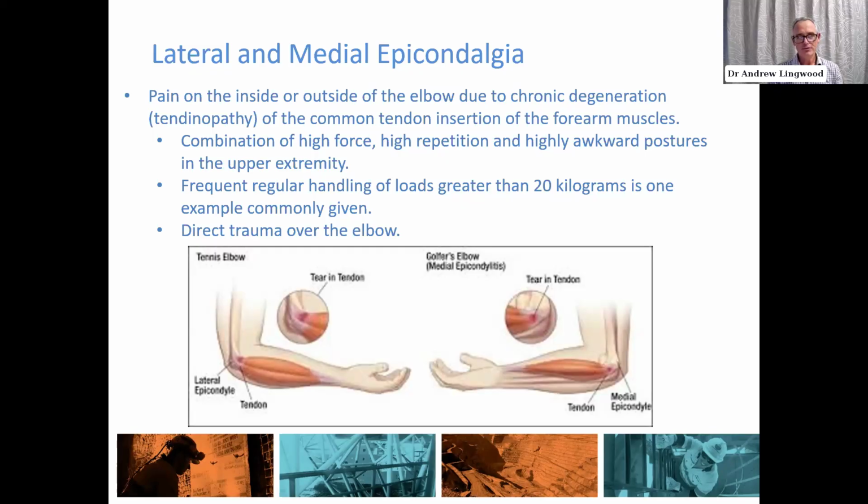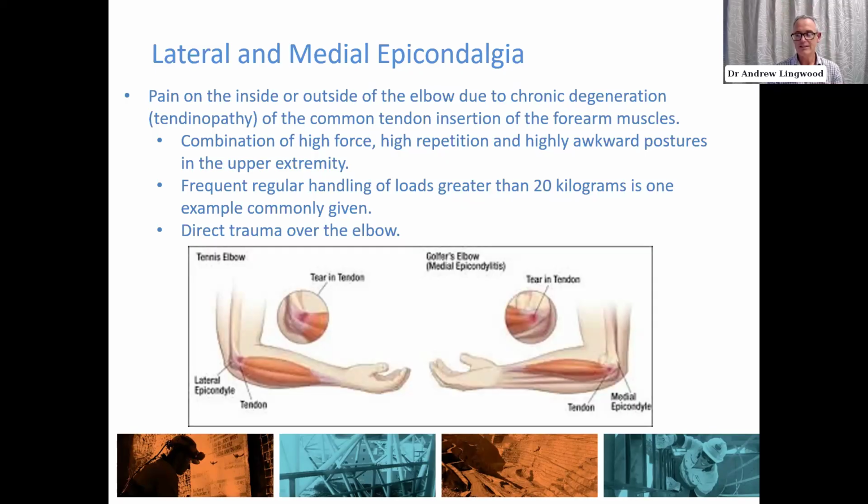There are, again, some types of physical exposures that can contribute to or aggravate this condition. We're talking about, again, highly forceful, highly repetitive, highly awkward postures. Frequently lifting loads around that 20-kilogram mark is also an example commonly given.